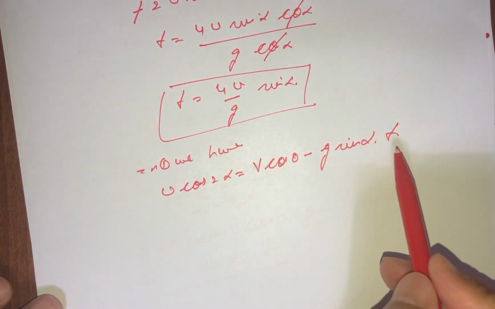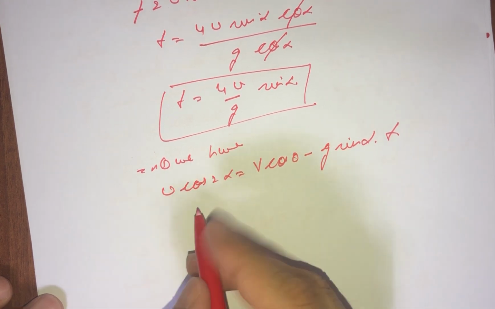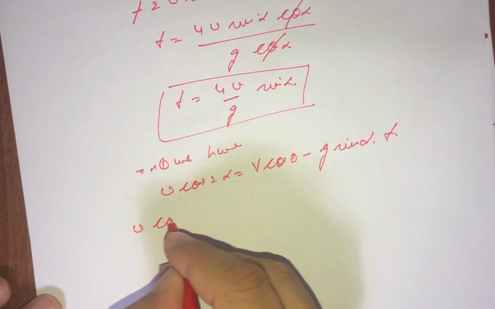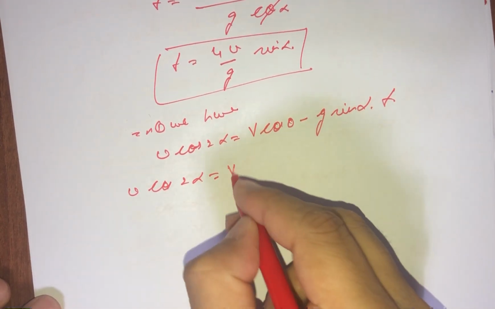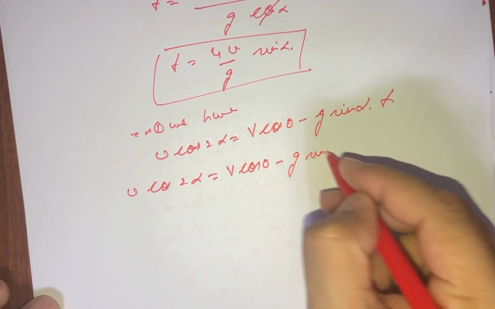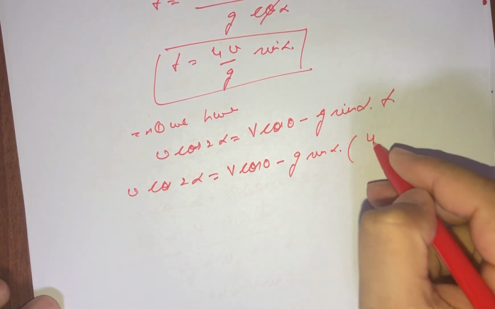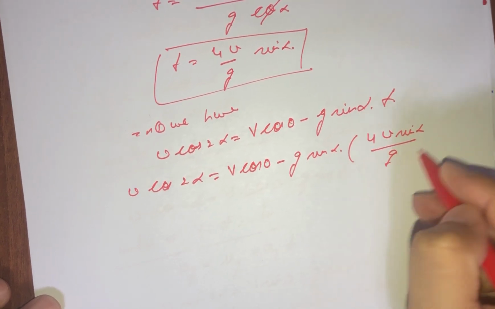So we are going to substitute the value of t in this equation. So we will get this as v cos 2 alpha is equal to v cos theta minus g sine alpha multiplied by 4v sine alpha divided by g.